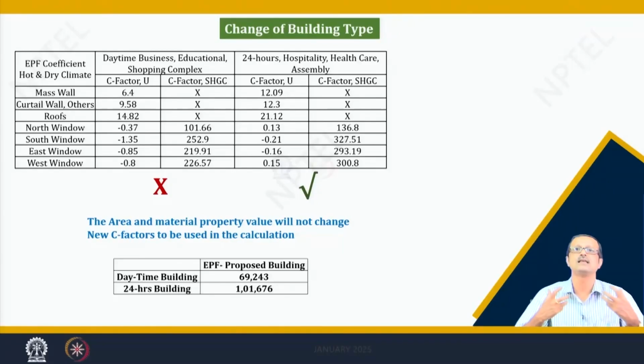Less EPF means less heat gain, because it has taken care of the compactness and the material, better protective material. There are other criteria of selection, maybe the functionality, the building bylaws, the aesthetics, and that is definitely there, but from the energy conservation point of view, the less the EPF, the better the energy conscious building, right.